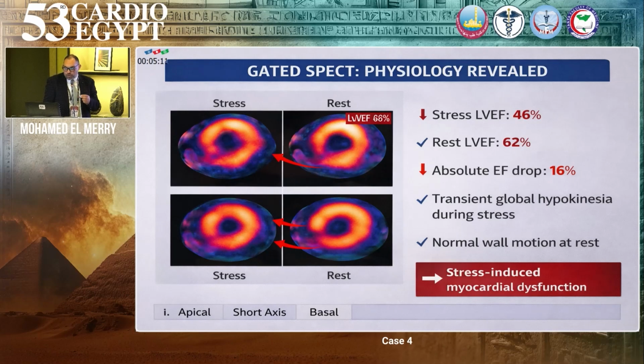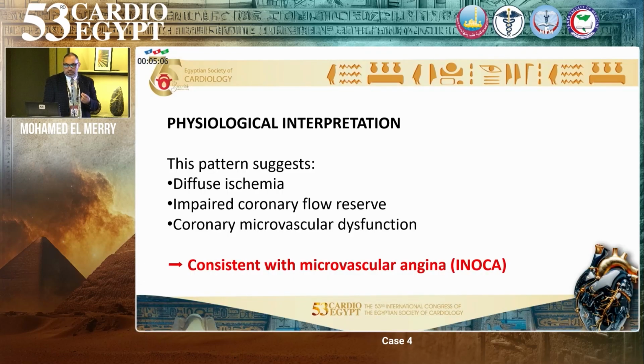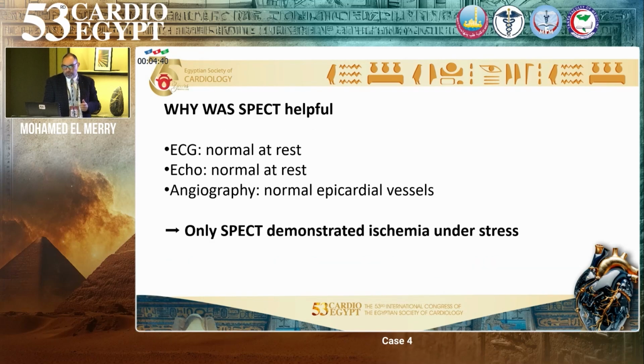So stress-induced myocardial dysfunction was demonstrated in this patient, who was diagnosed as having microvascular circulation abnormality, with some new terms, MINOCA or INOCA, as we will tell you later. The physiological interpretation for this patient is diffuse ischemia, impaired coronary flow reserve, and coronary microvascular dysfunction. So this is consistent with microvascular angina or INOCA, a new term from 2024.